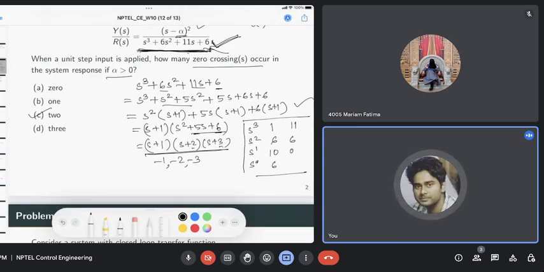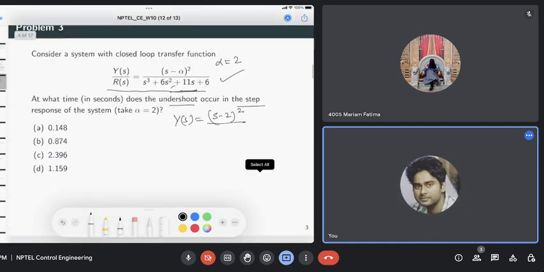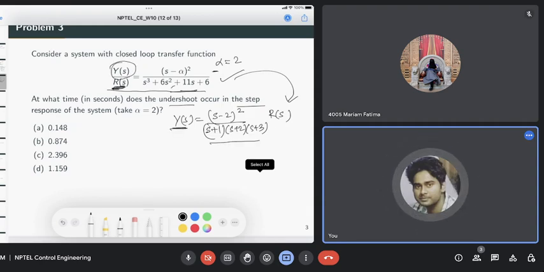So we will substitute this factored form for the polynomial, that will be easier to solve. So we will have s plus 1, s plus 2 and s plus 3 times R(s), right? This follows directly from this. I just multiply this R(s) on the other side, so Y(s), that is the output, will be given by the transfer function times this input, and this transfer function, because alpha is 2, I have just written in the factored form.